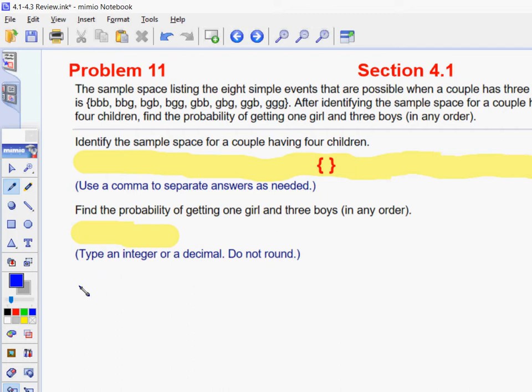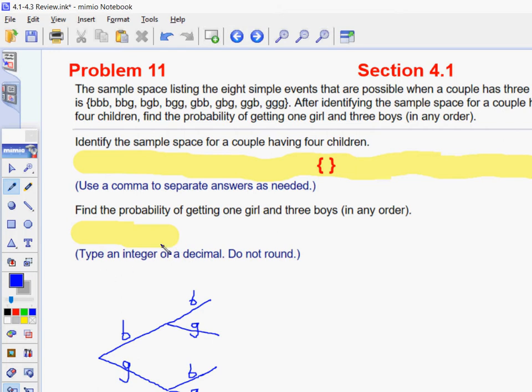So on our first birth, we could have either a boy or a girl. Now, on our second birth, if we had a boy on our first birth, we could have a boy or a girl. Or if we had a girl first, we could have a boy or a girl. Now on to our third birth.